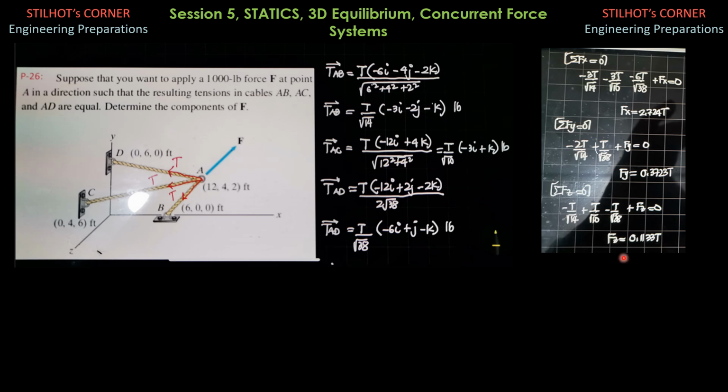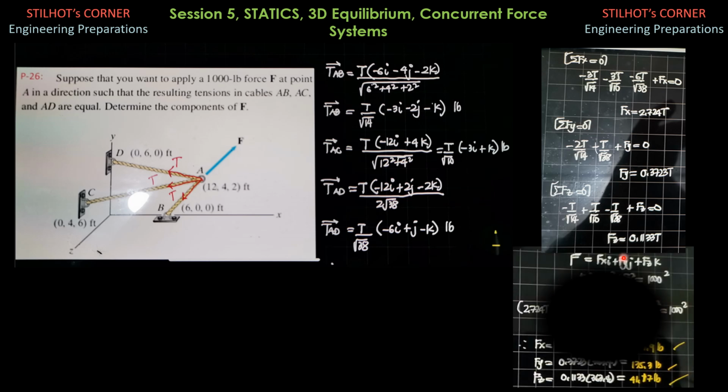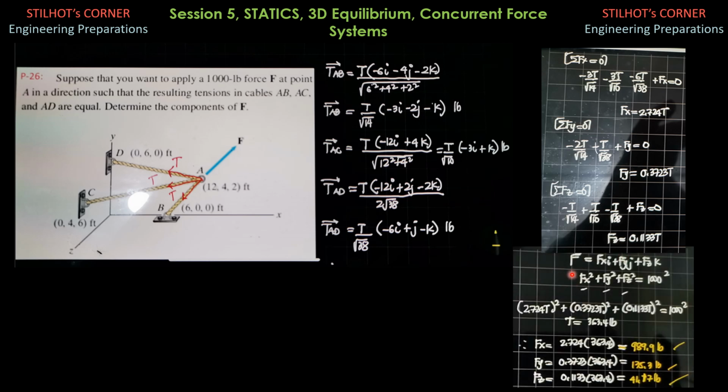So take note that this is F in vector form, and Fx squared plus Fy squared plus Fz squared equals the magnitude of F, which is 1000 squared.